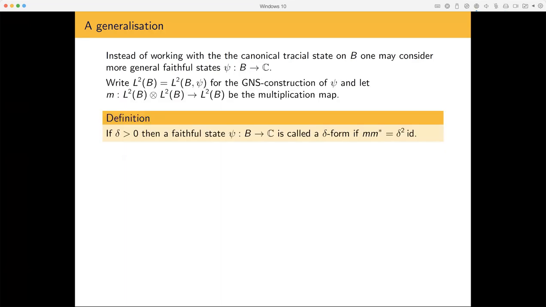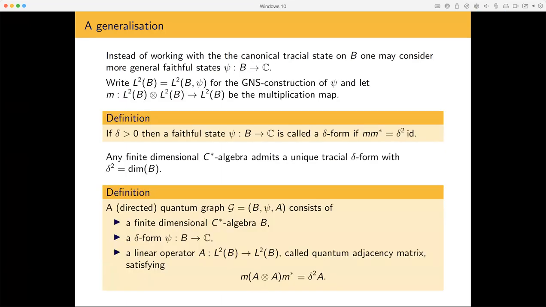There is a more general way of phrasing, with this extra flexibility of varying the state, and that gives you even more examples, even more things to play with.